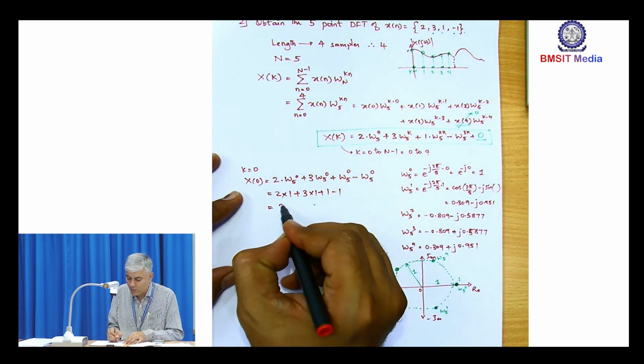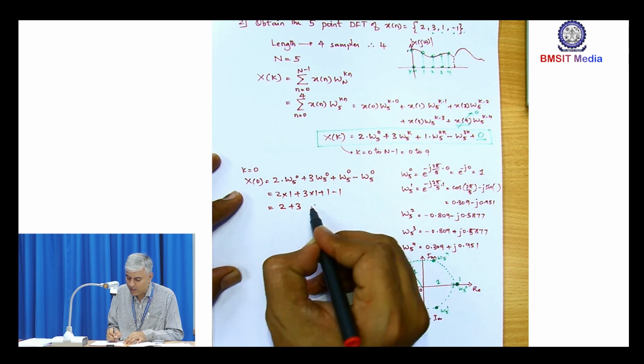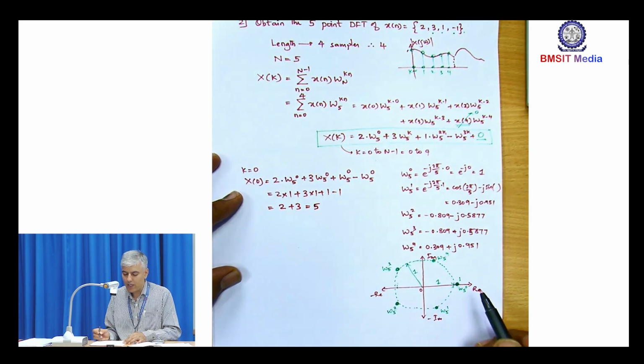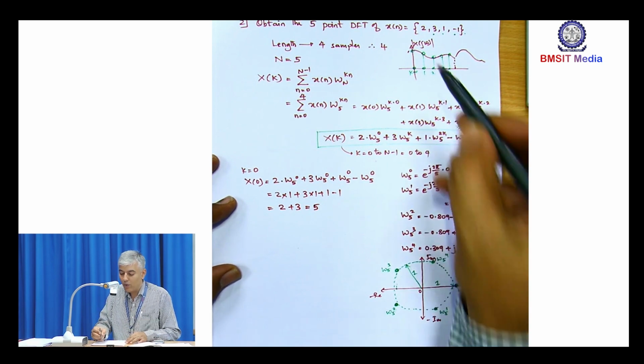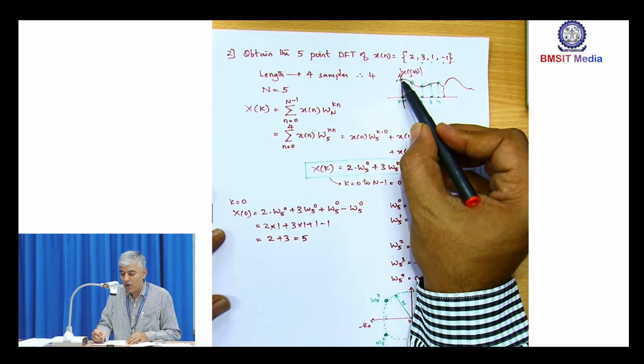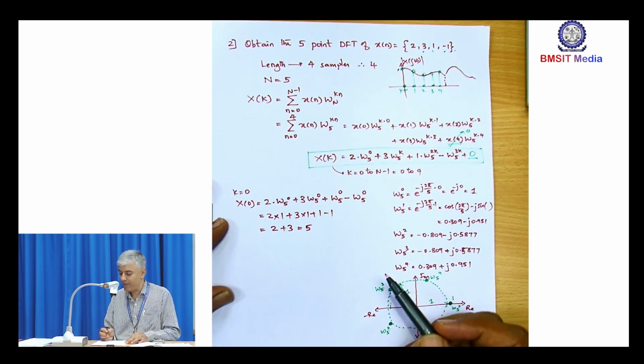So this is 2 plus 3, 1 minus 1 is 0. So 2 plus 3 is 5. Okay, so the x of 0 value, that is the first sample of this X of j omega, happens to be 5. So this is the value.